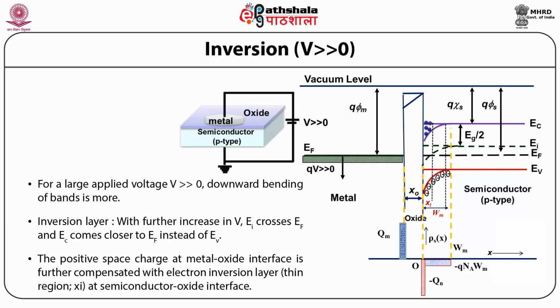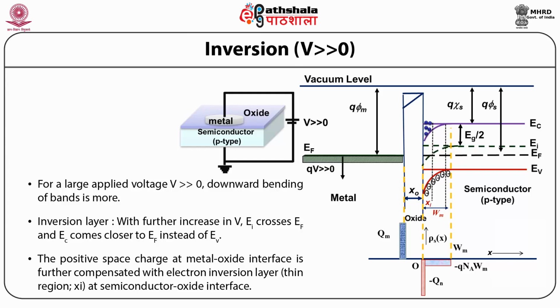For a large V, as we keep increasing V, EI crosses EF and the conduction band becomes closer to EF instead of the valence band, that is, the minority carriers are attracted to the interface. So the semiconductor surface contains more electrons than holes. This corresponds to the surface getting inverted from p-type to n-type.